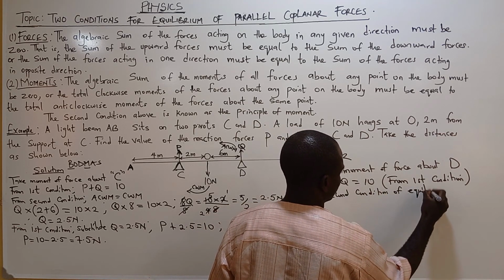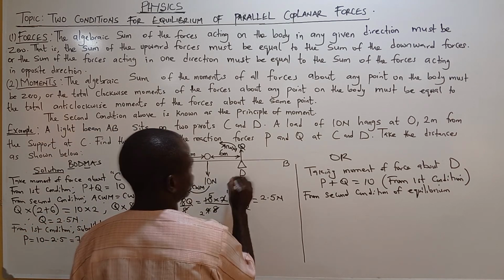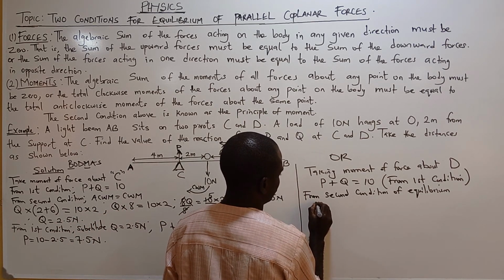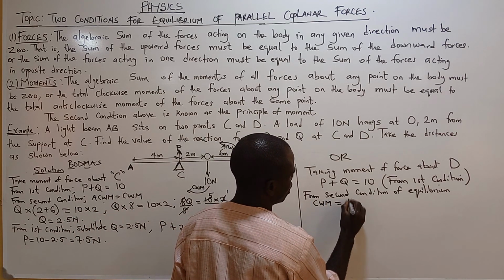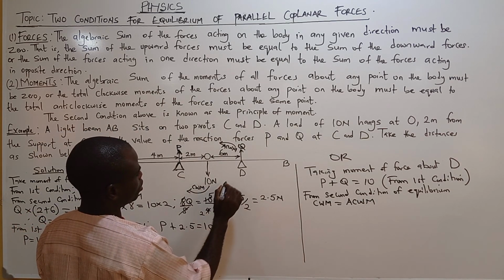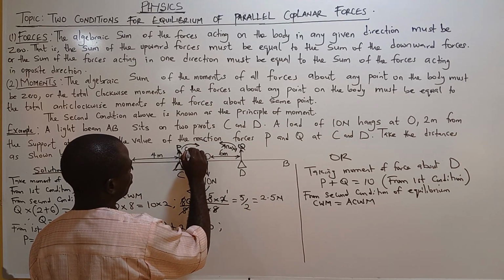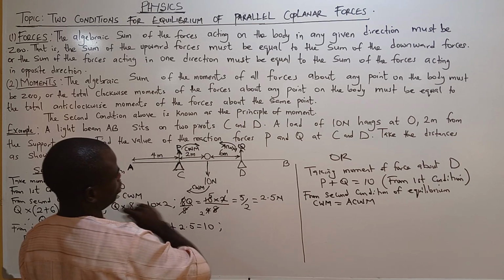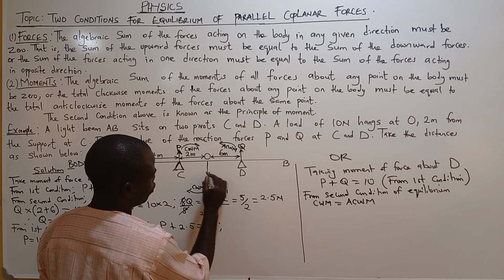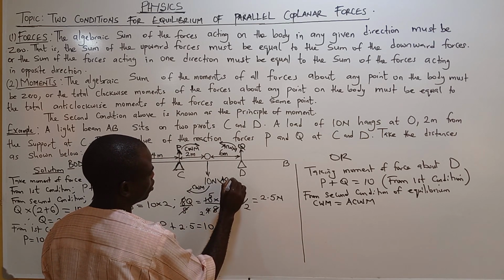Now from the second condition of equilibrium, you take moments about D. Clockwise moment equals anticlockwise moment. That's the condition. Taking about D, this force is clockwise, while this force, as it's moving toward the left, is anticlockwise.